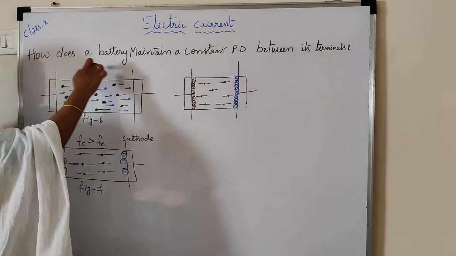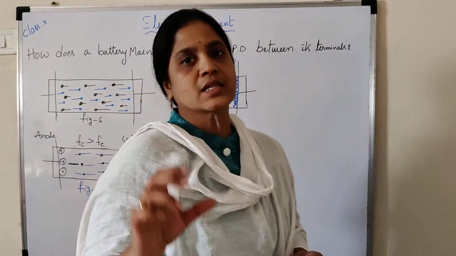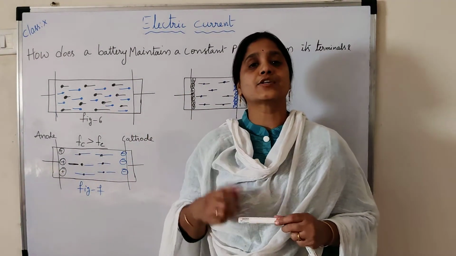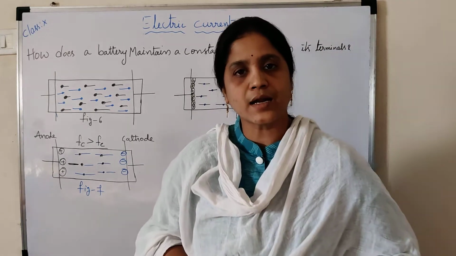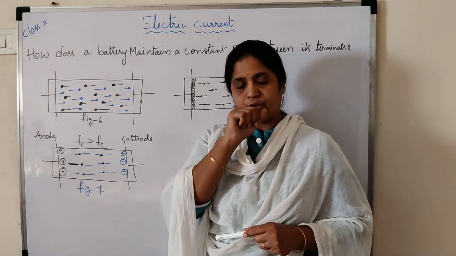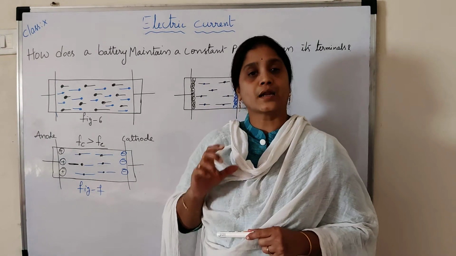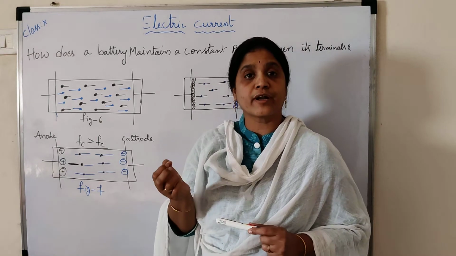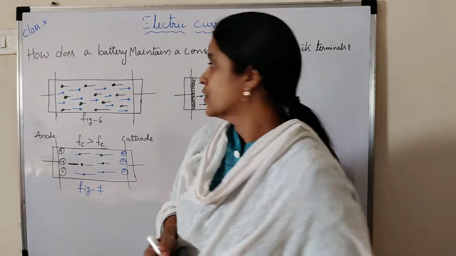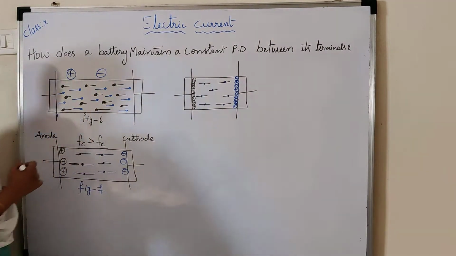In the battery they fill some chemical, which we call an electrolyte. What is that? Electrolyte. An electrolyte contains two differently charged ions, the positive ions and the negative ions.